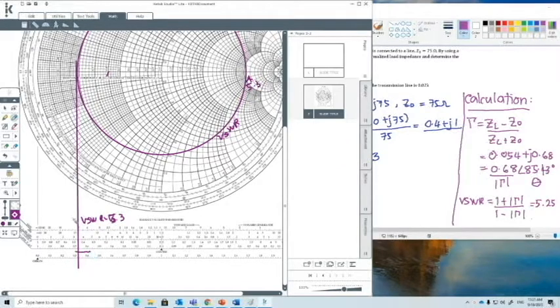Okay, so same line as VSWR, reflection coefficient kita, this one is 0.6, okay, nak dekat dengan 0.7.